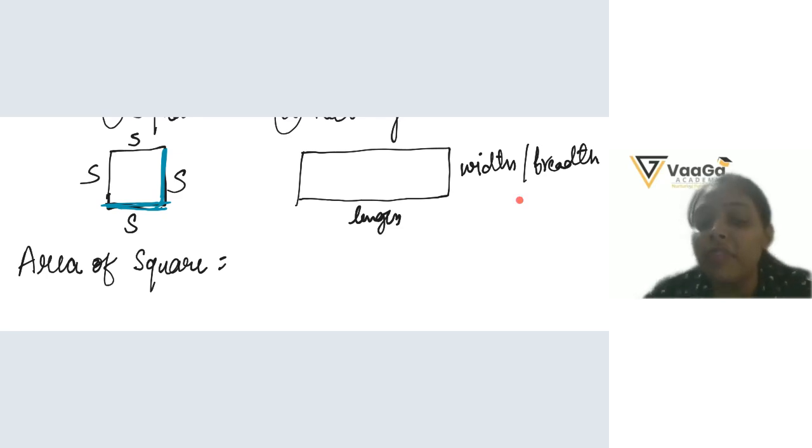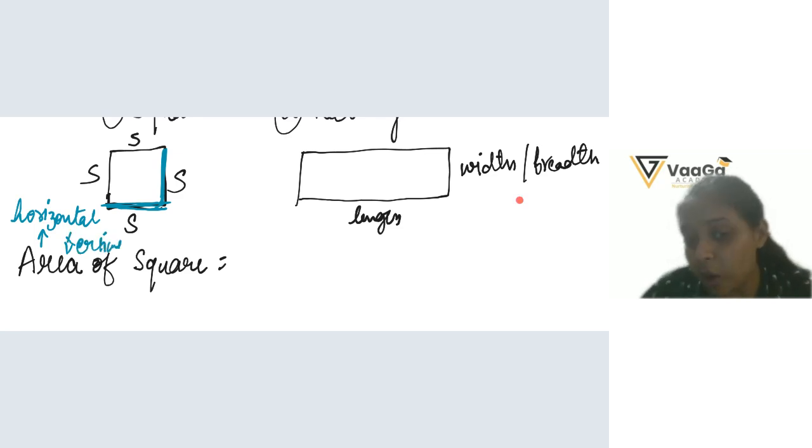Okay, I'm saying when we find the area, we multiply horizontal side with the vertical side.